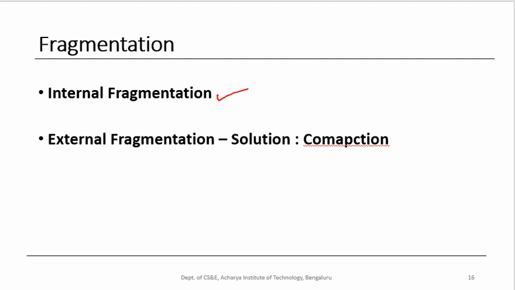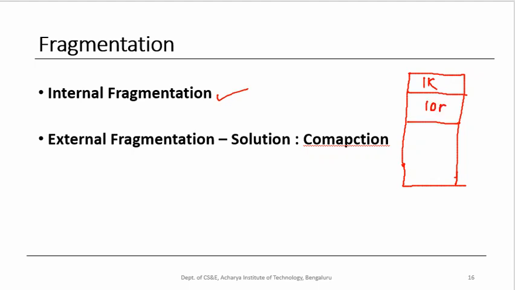Now let's try to understand what is external fragmentation. External fragmentation occurs in case of variable sized partitions. So let's say these are the allocated memory spaces: 10K, 2K, 1K and 3K, like this.